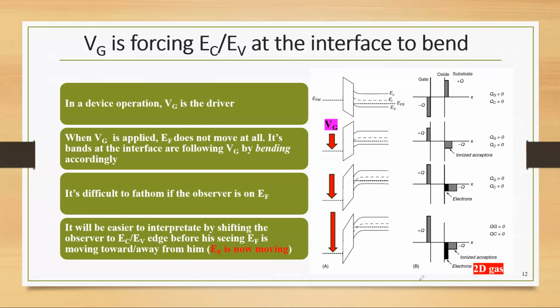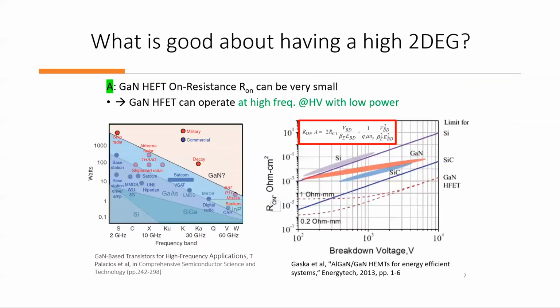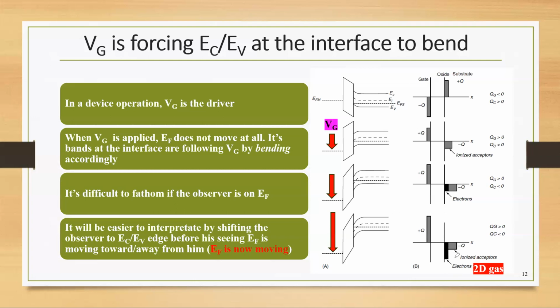Well, your resistance goes down, right? With a high 2D gas, your R is very small. That's what happens here, even in the silicon world. And then the device is on, and when it's on, that's what you want, great.